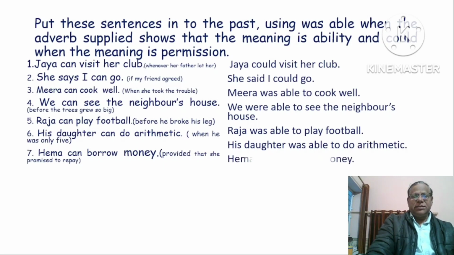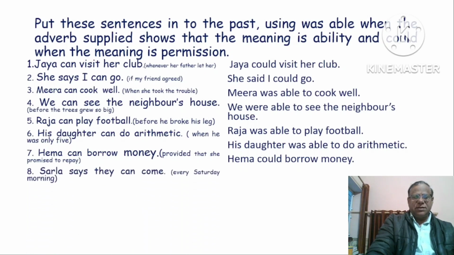So it will be changed. Hema could borrow money, because provided that she promised to repay is a kind of permission. Next, Sarla says they can come every Saturday morning. It's a kind of permission. Sarla said they could come.